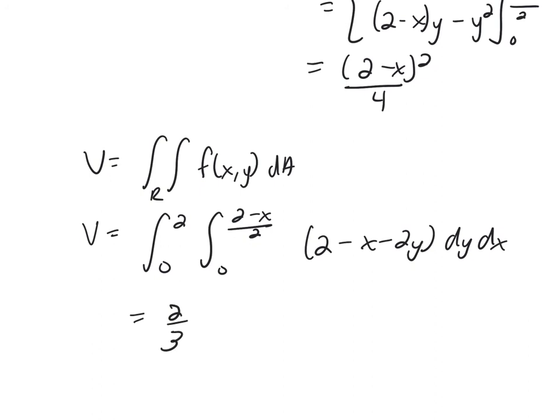But now, instead of thinking about volume as being really a single integral, which is what we had earlier, you can really think about volume here as being a double integral.